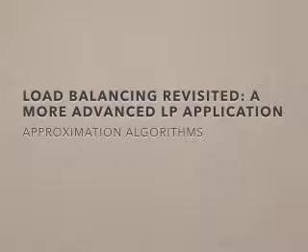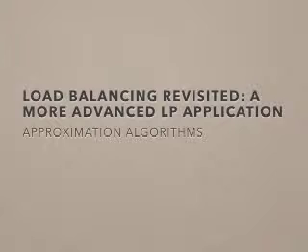The problem we consider in this section is a significant but natural generalization of the load balancing problem with which we began our study of approximation algorithms. There, as here, we have a set J of n jobs and a set M of n machines, and the goal is to assign each job to a machine so that the maximum load on any machine will be as small as possible.